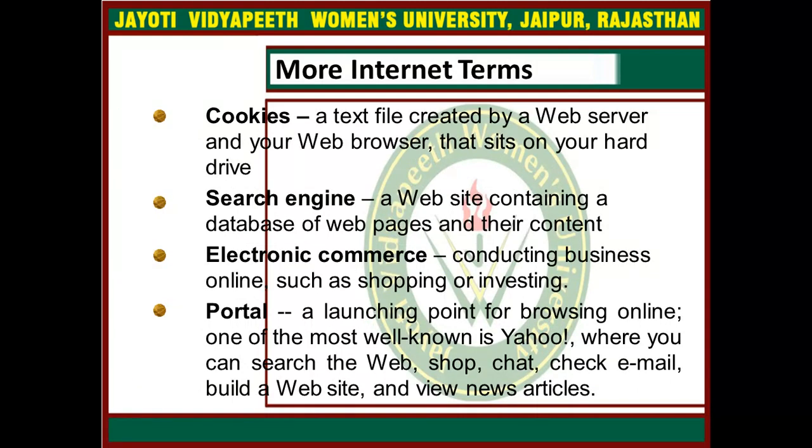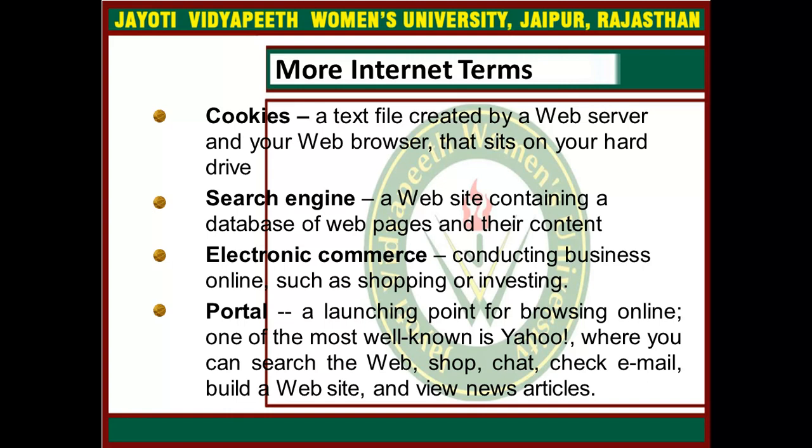The most common internet terms are, as you have heard, cookies, search engines, electronic commerce, and portal. When you access some particular sites, there is a notification at the bottom of your screen about cookies.